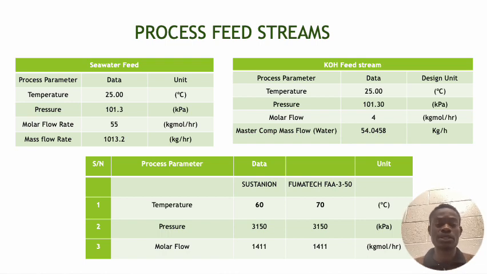We selected it in such a way that the resultant electrolyte would consist of a 1 molar solution of KOH, which was aligned with the optimal performances of both Sustain Ion and Fumatech membranes.